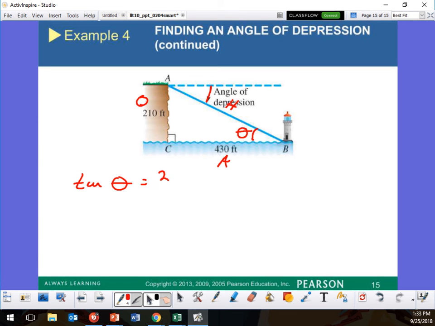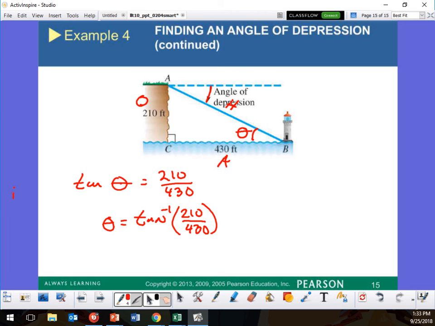Okay, so it's 210 over 430, very good. Now, when I'm doing the inverse, what am I switching? I'm getting the angle by itself, so I'm going to switch this right here and this right here. So it's going to be theta equals inverse tan of 210 over 430.